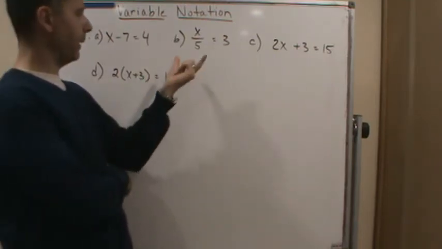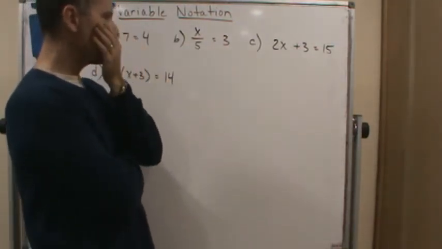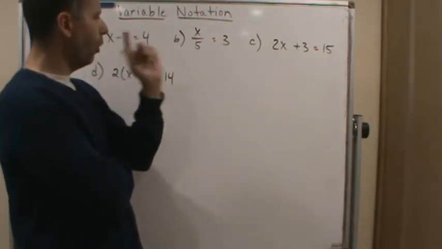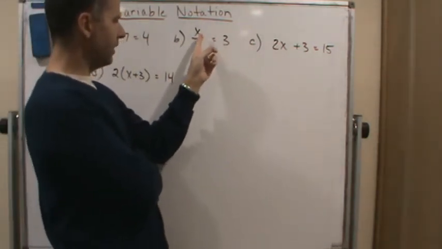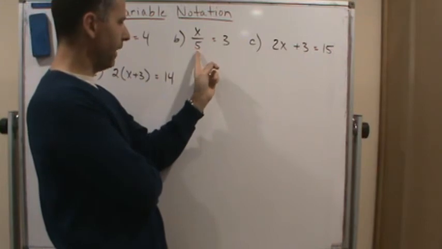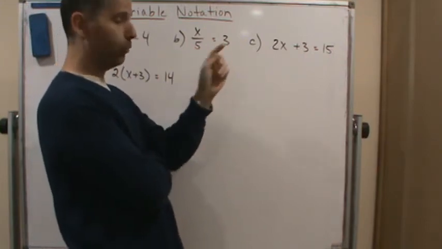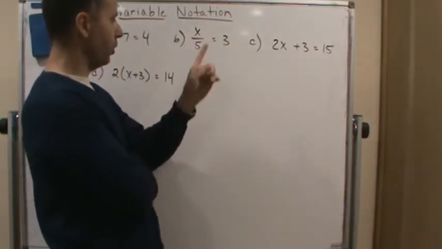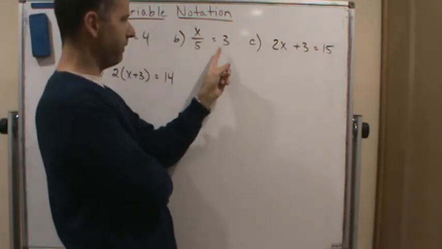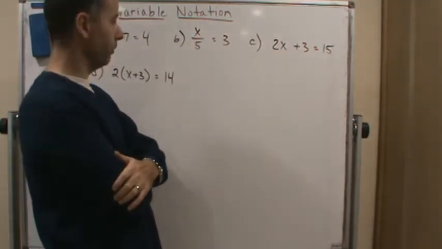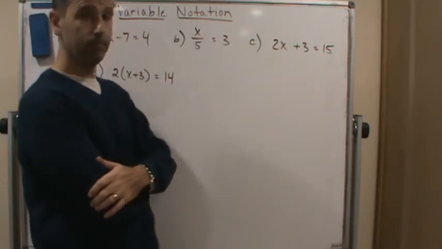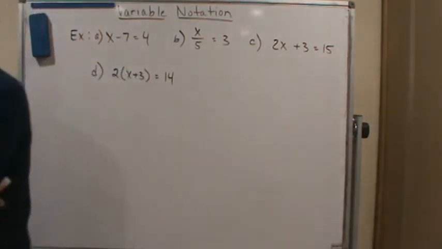Okay? Now what about here? Well, in this case, I'm taking a number, I'm dividing that number by 5, and that will give me 3. So a number divided by 5 will give me 3. Okay? Make sense?